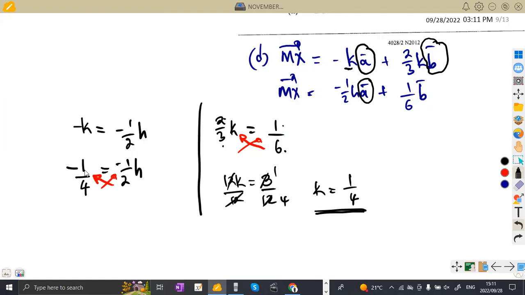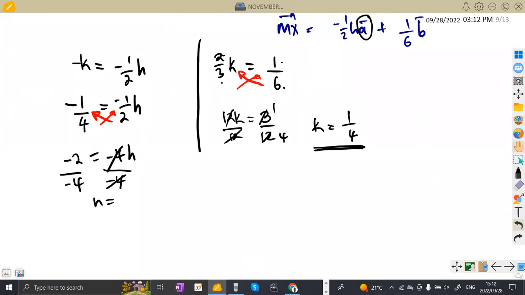That means 2 times negative 1, that's negative 2, and 4 times h, that's negative 4h. So what do I do to find h? Just divide by negative 4 on both sides. By doing this, you are evaluating the value of h, and this is going to give us 1 over 2. So our h in this case is 1 over 2.